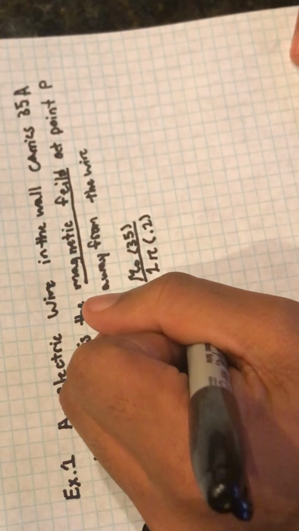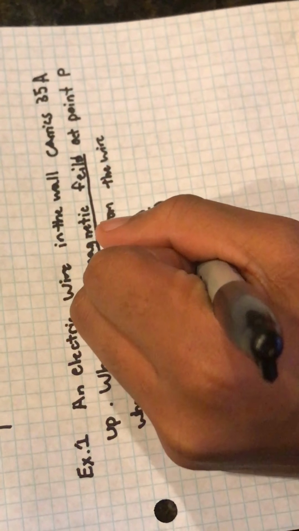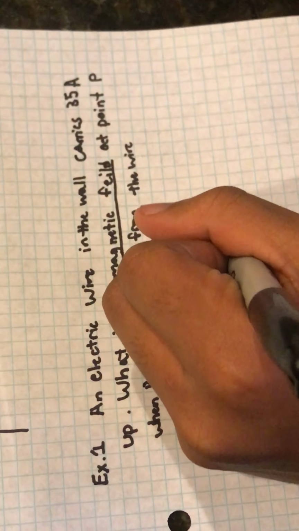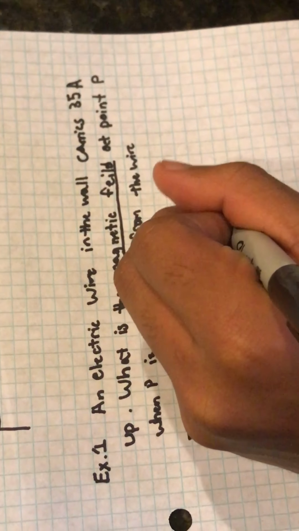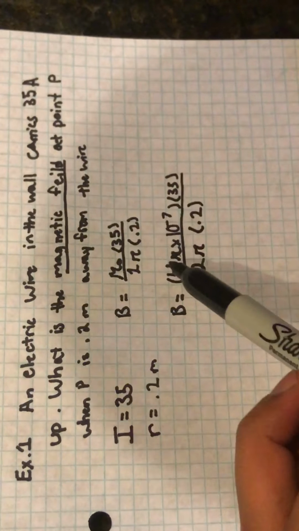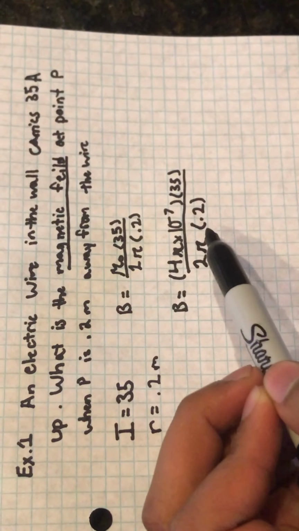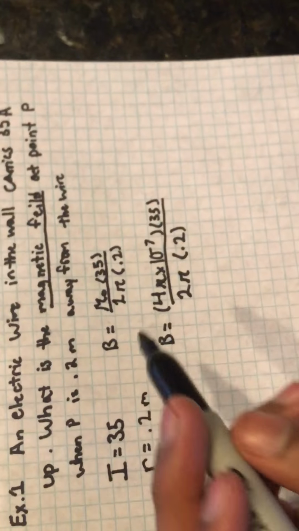So when you keep breaking this down, you should get B equals 4 pi times 10 to the negative 7 times 35 over 2 pi times 0.2. Now, you can infer that since there is a 2 pi in both the numerator and denominator, you can cancel these out.